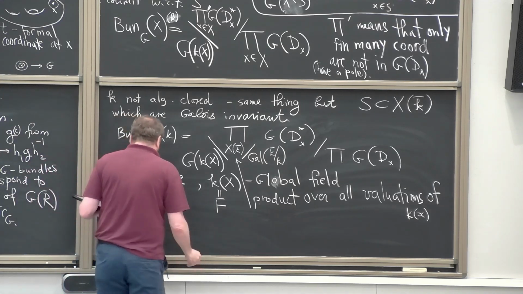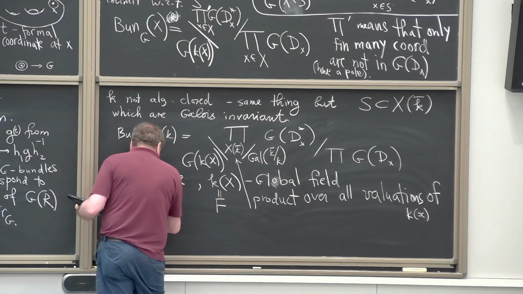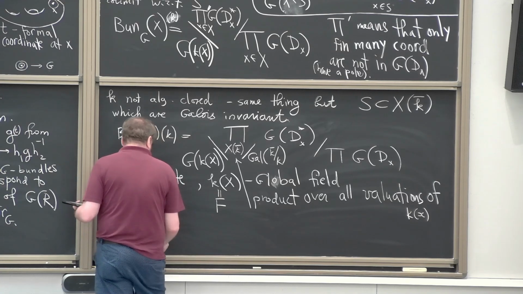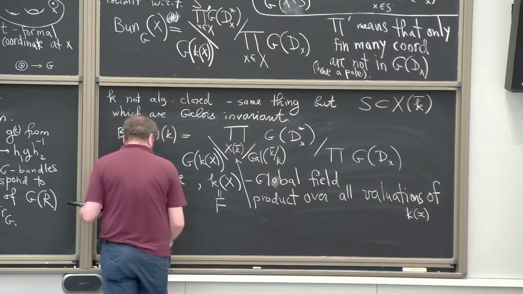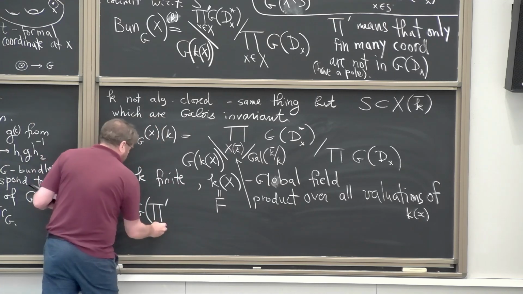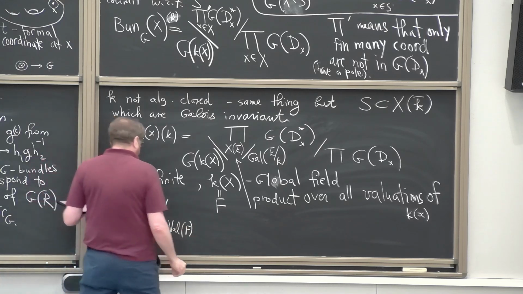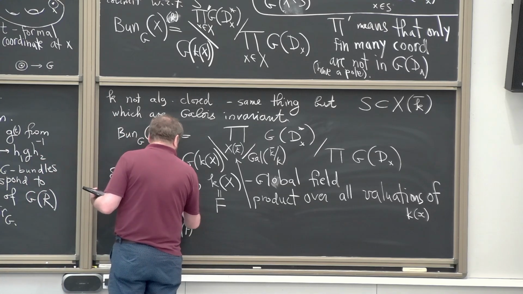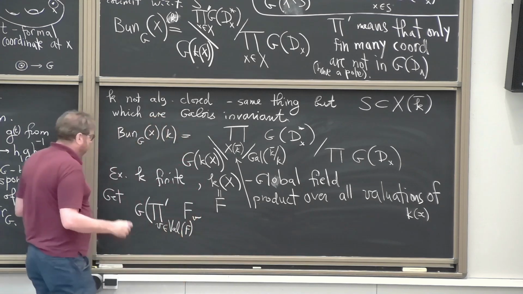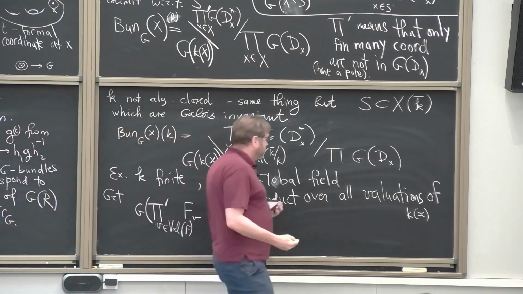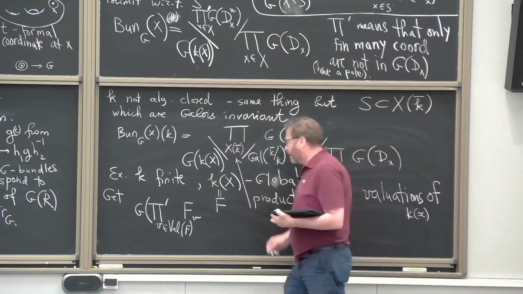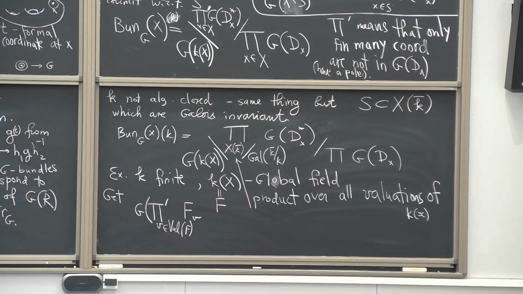It's a global field. So what we get is the following double quotient. Here it is going to be G of the product of the local fields F_V. What valuations are there on this field K of X? We can evaluate by taking the order of a function at a point of X over some extension of K. These are all valuations.